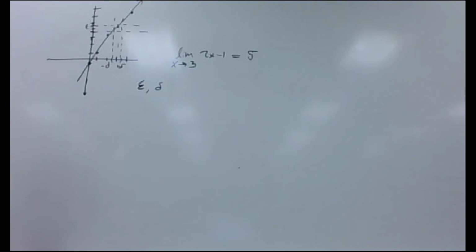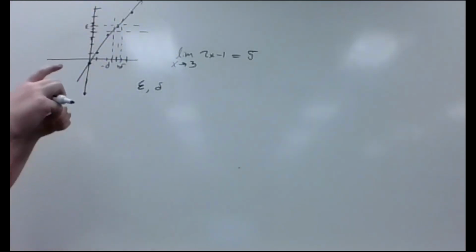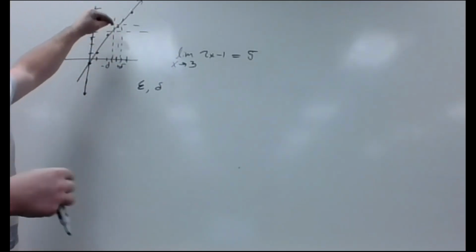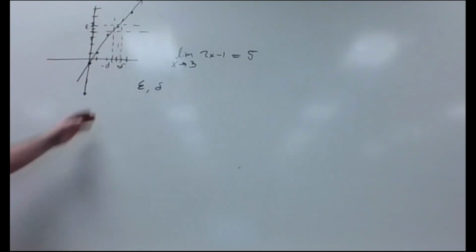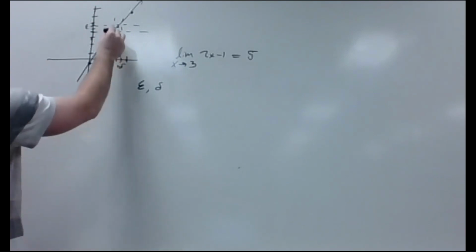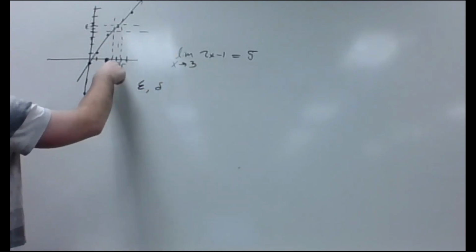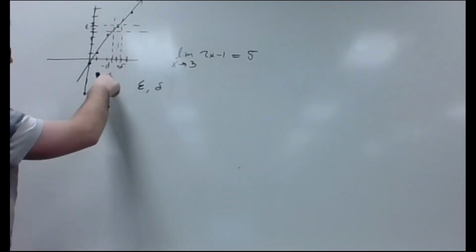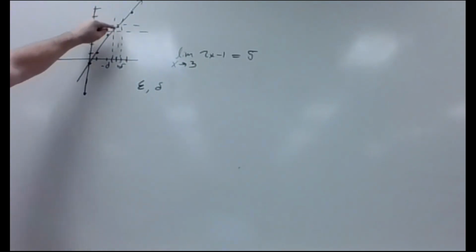Does it make sense what I'm saying there? A limit doesn't care about what the actual function is. It cares about what around it is happening. So if we take this point, it's going to give us a point really close to our limit, or 5. If we take this point in between here, we go delta to the right or delta to the left, that is going to be epsilon up or epsilon down of our actual function.